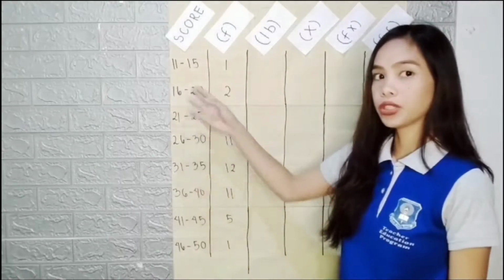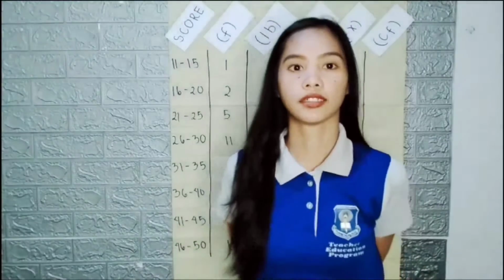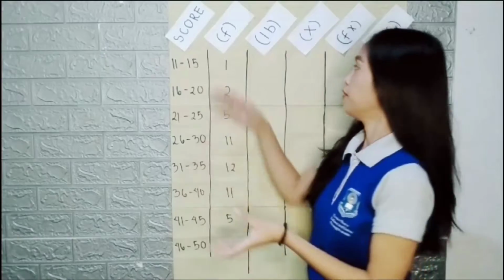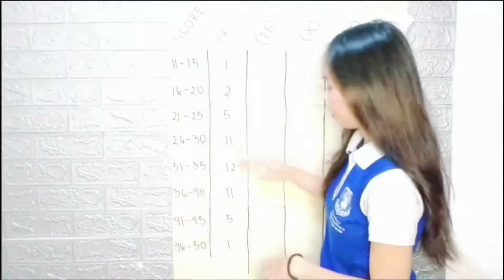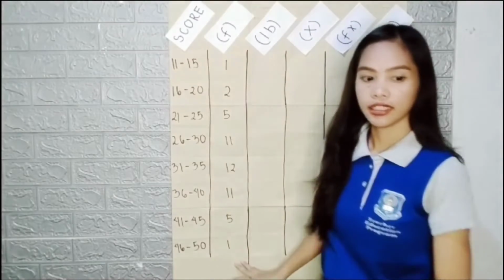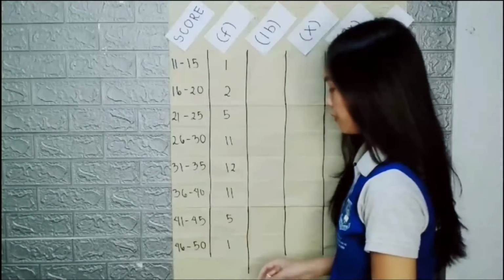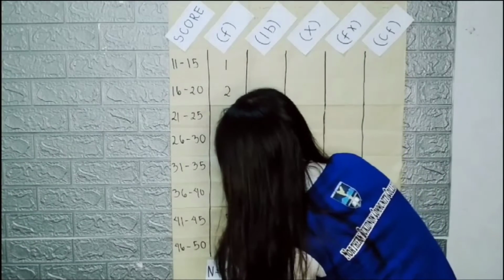So this is our score or the class interval. Next, to get the frequency, we just need to add all of these numbers, and that is the total of our frequency. So the total of our frequency is 48.